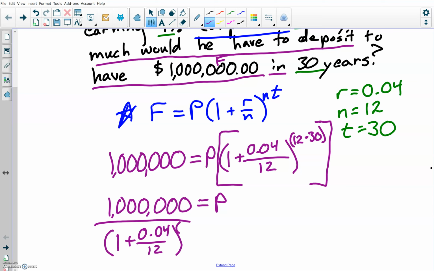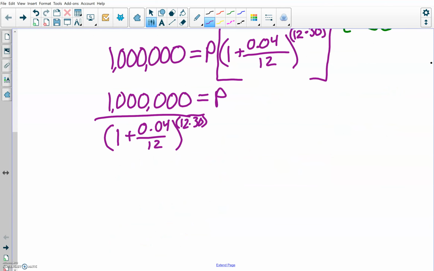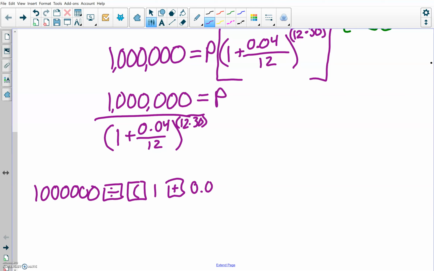Now, if you're putting this in your calculator, you need to use ample parentheses pretty much everywhere I have them. In the calculator, you would type in $1 million, then hit the division symbol to start the fraction part. Hit the parenthesis, then 1, the plus, 0.04 divided by 12, then close the parenthesis.